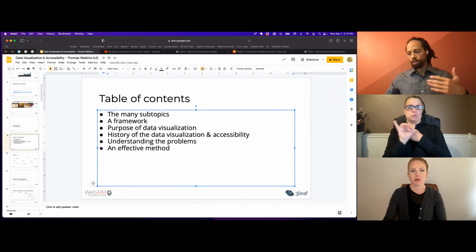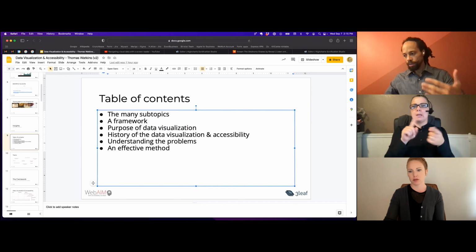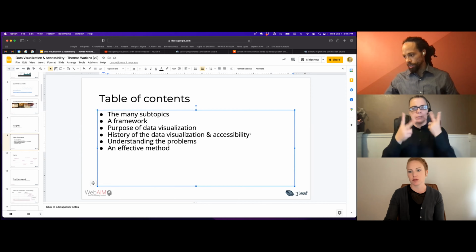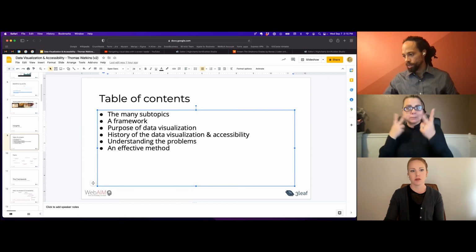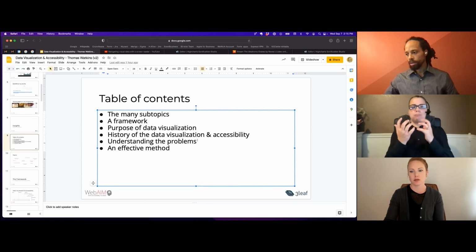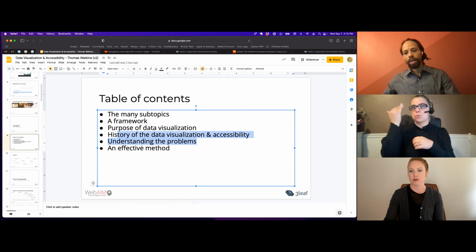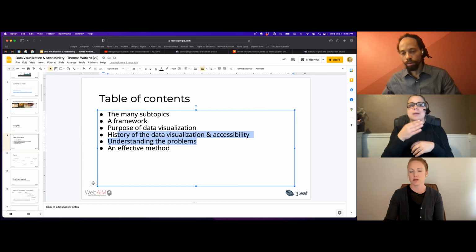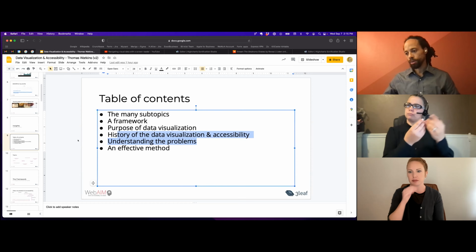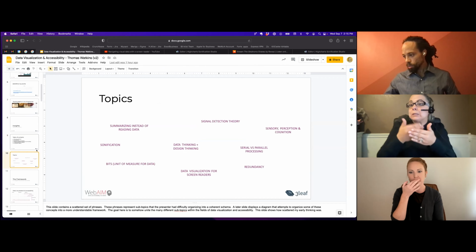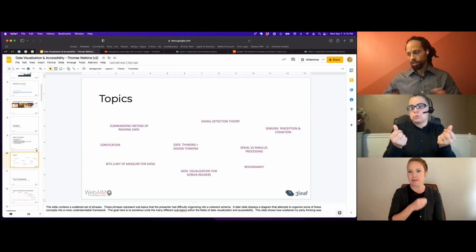This is in the context of the purpose of data visualization, the history of data visualization, and accessibility as this blends and mixes together, understanding the problems and why they're problems, and then proposing a method that I think is very achievable in the immediate term. So a bunch of different subtopics scattered around.